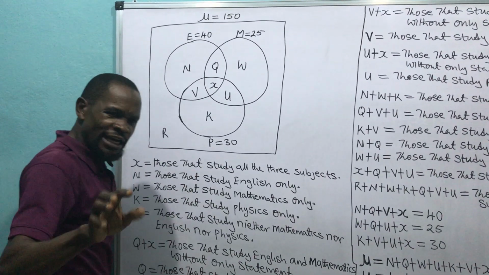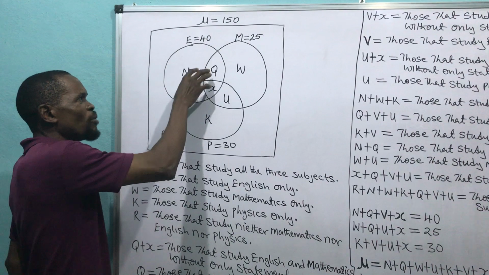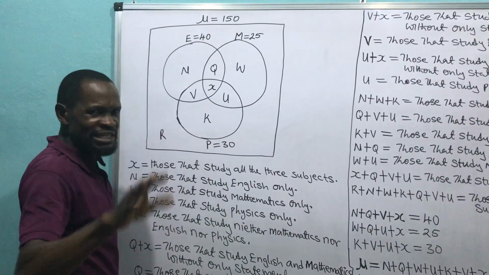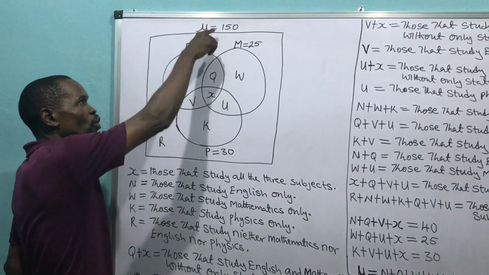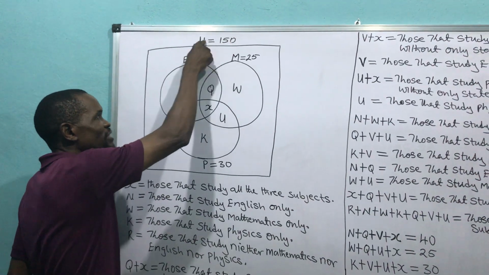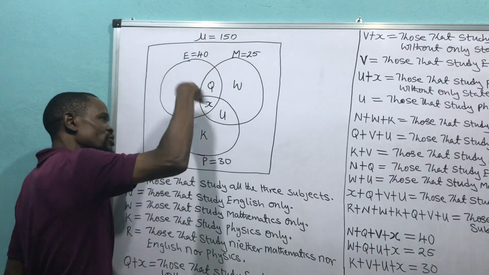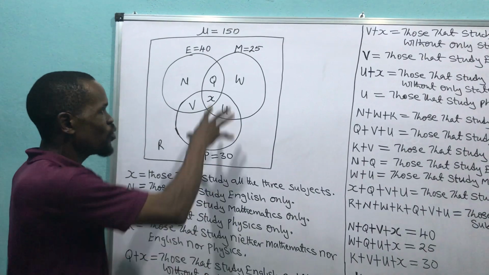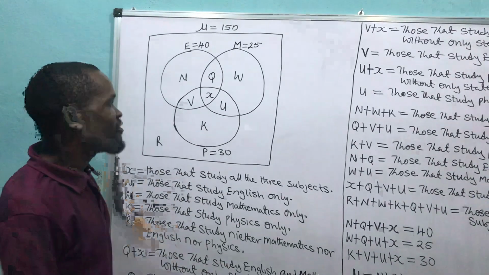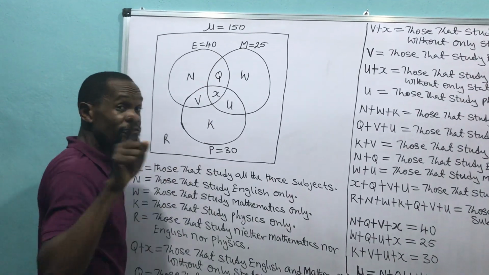Then in this school, which is made up of English, mathematics, and physics departments, we have 150 students. This stands for the total number of the students in the school. And remember, this school has only 3 subjects to offer, which are English, mathematics, and physics.